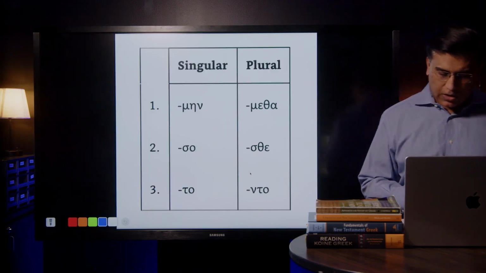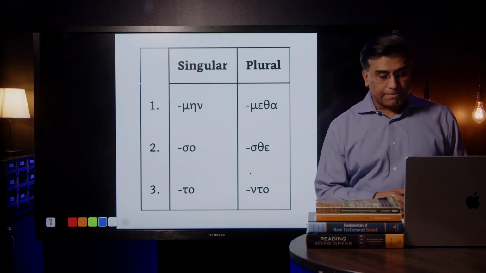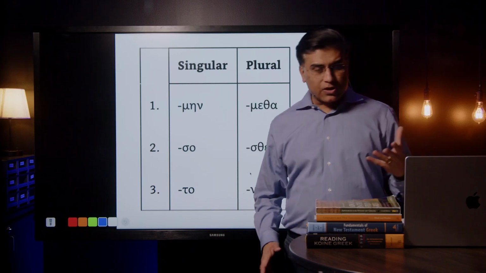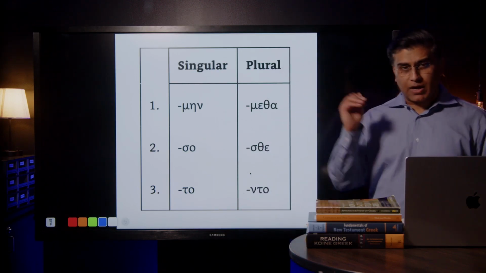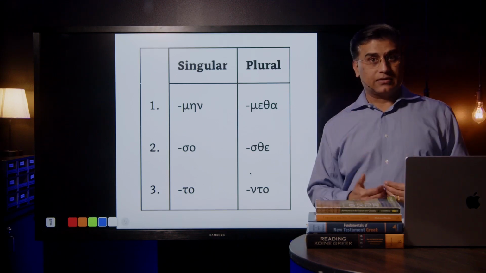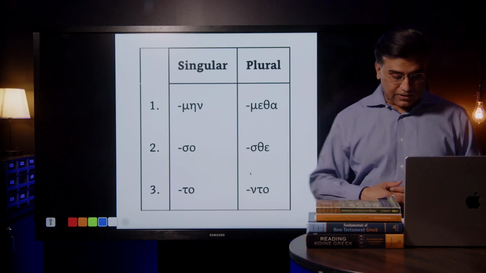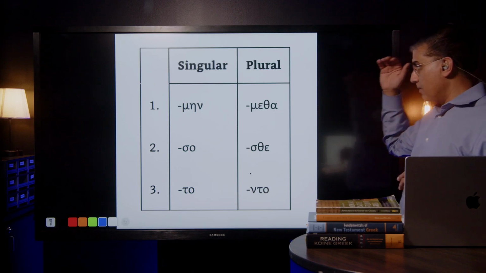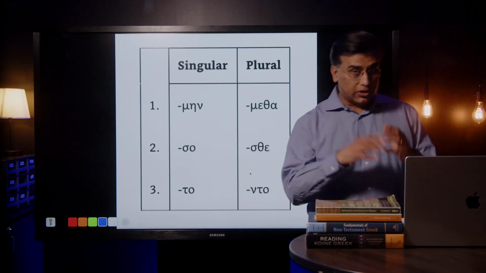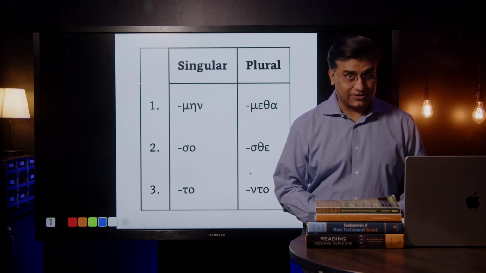Well, let's move along to chapter 14, where now we're dealing with the secondary tenses. Remember, we talked about the primary tenses: mai, sai, tai, metha, sthe, and ntai. But secondary tenses is what you are seeing over here: men, so, to, metha, sthe, onto.